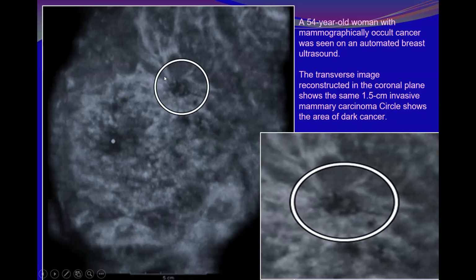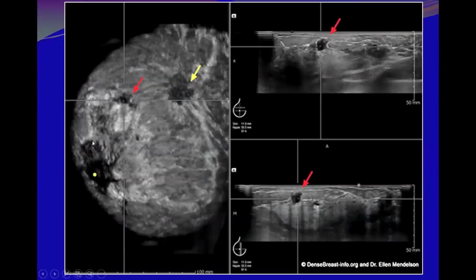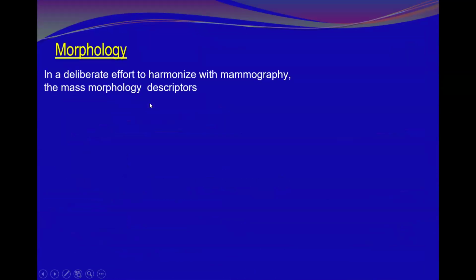Because there is surrounding white fibroglandular parenchyma, we can appreciate the hypoechoic radiating spicules. In the other example of the 3D, because the surrounding is fatty, most of the spicules are echogenic, but between these we can faintly see some hypoechoic ones.